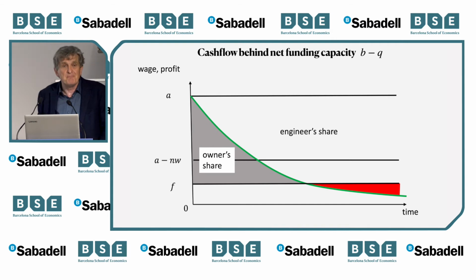Let me just put that geometrically. When you look at the area under the graph net of Q, which is really what matters when you're looking at the denominator, you're really looking at this positive gray area minus this red area.